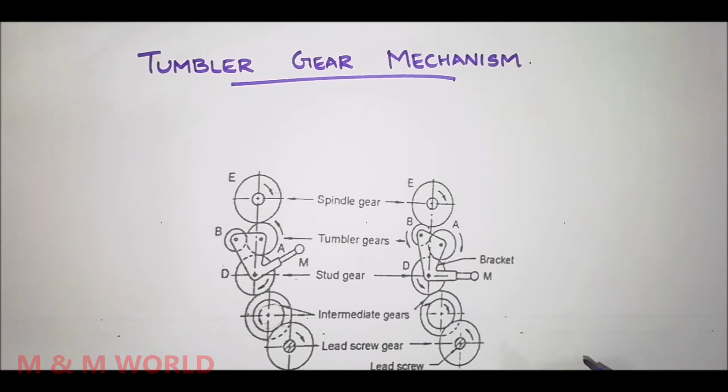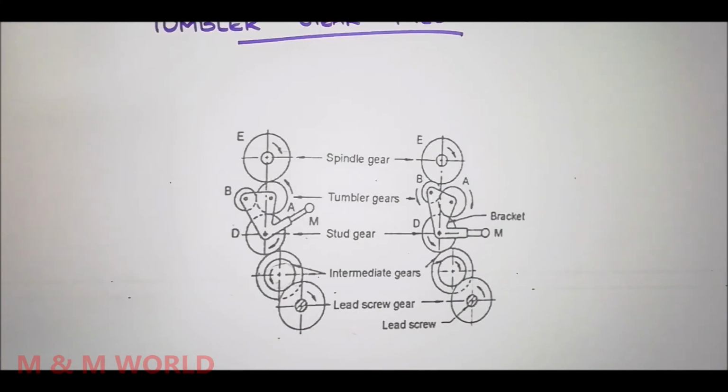So by engaging the tumbler gear, the carriage can be moved automatically from tailstock end to the headstock end and vice versa. So this is the schematic arrangement of tumbler gear reversing mechanism.